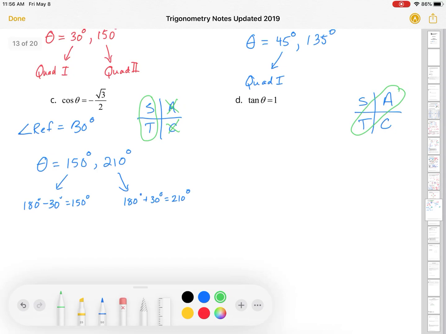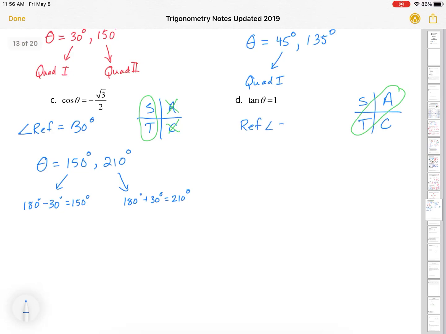Tan theta equals 1, and it's a positive 1. So we want to know, where is tan positive? Well, it's positive in quadrant 1, and it's positive in quadrant 3. Now, if you flip back, you will find that the reference angle for tan theta equals 1 is 45 degrees.